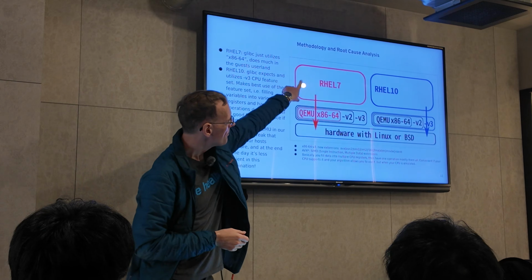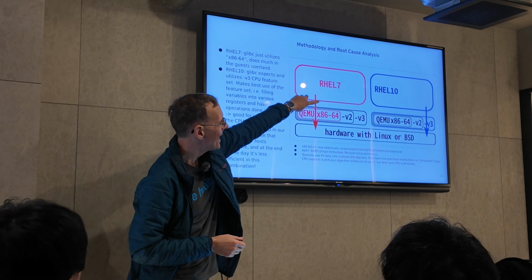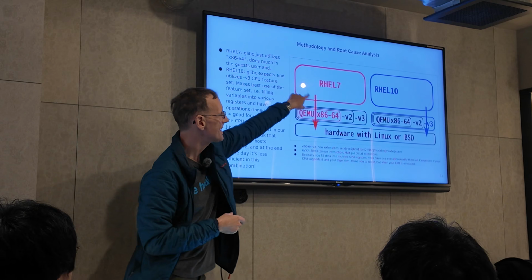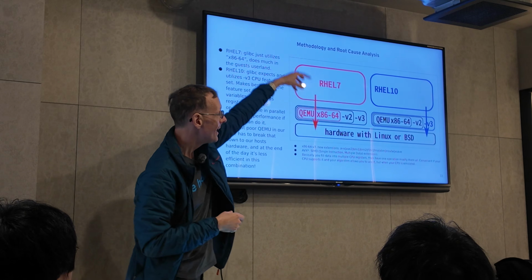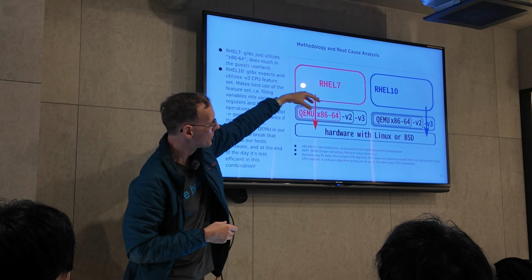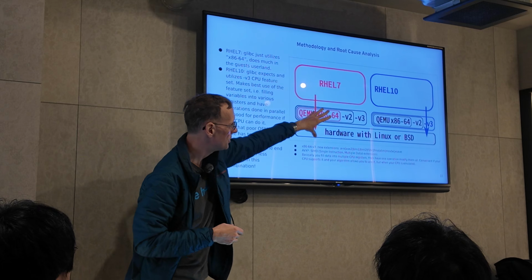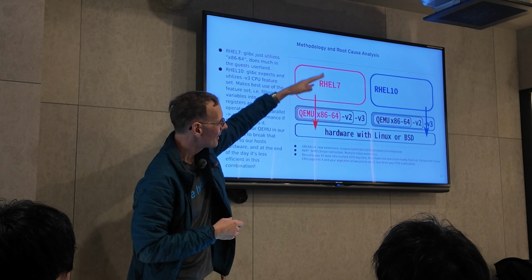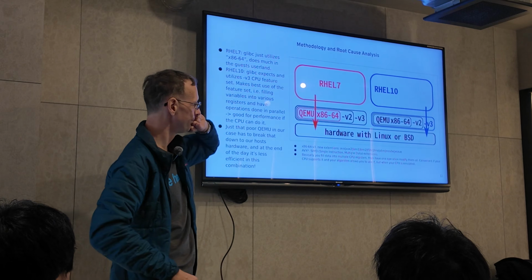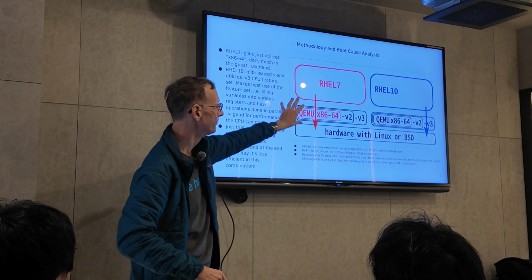Whenever we compute something here in the guest, we have something done on the kernel in the guest, and then the kernel is handing over the compute load to the layer below, which is QEMU. And QEMU is then doing the computations on the hardware below. In both cases here.